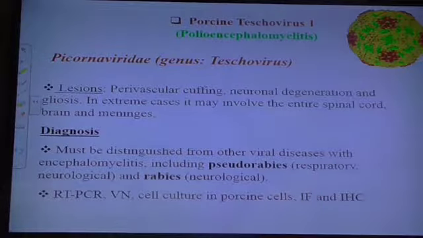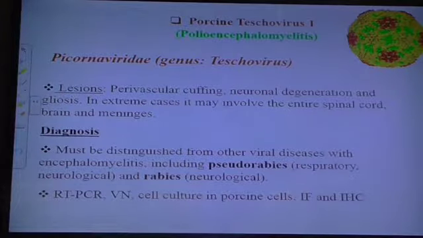Okay, so diagnosis, it must be differentiated from other diseases that cause neurological symptoms. These will include pseudorabies and rabies. Now, pseudorabies is caused by herpes virus, and it has respiratory as well as a neurological outcome.